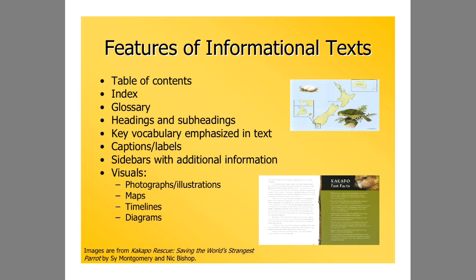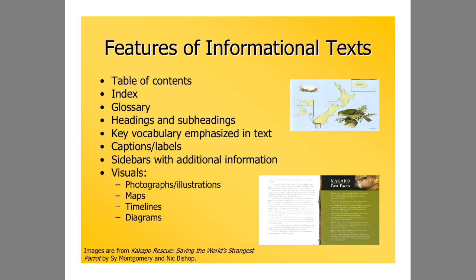Also, with a good informational text, you have things like captions and labels, especially in relation to visuals that appear in the text. For example, earlier I shared with you a little information about Seymour Simon, who's a really well-known author of children's nonfiction.